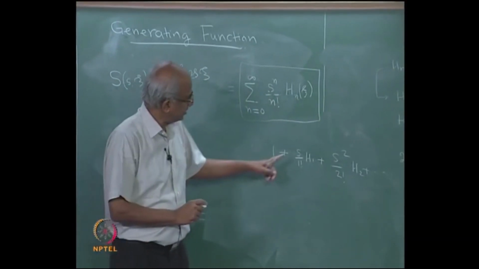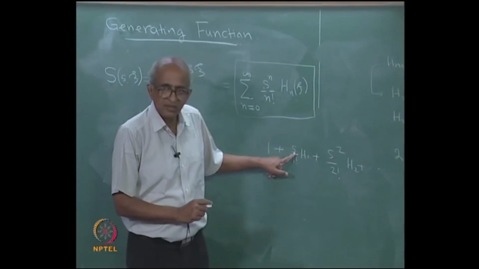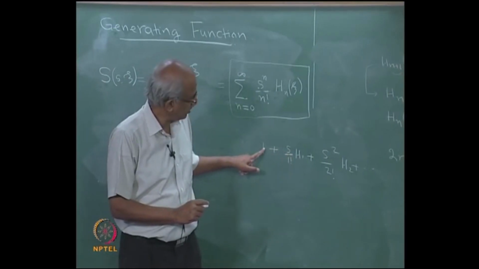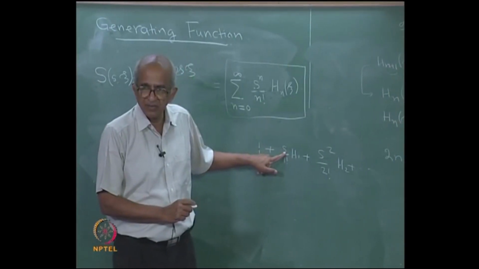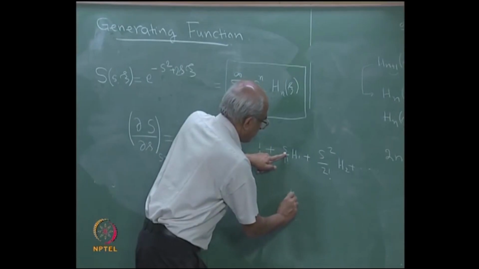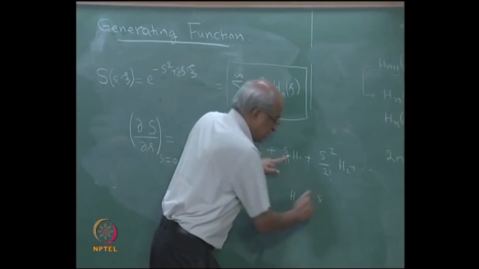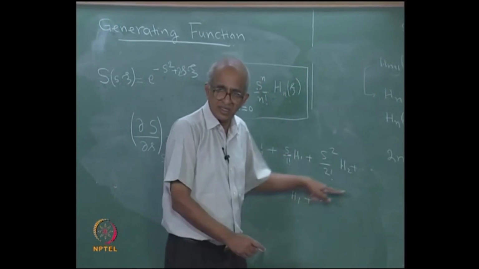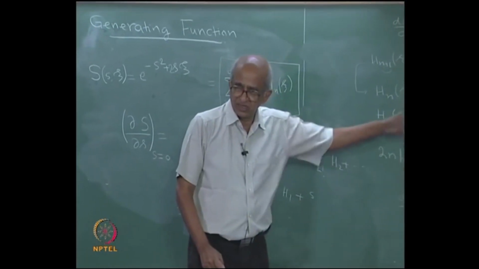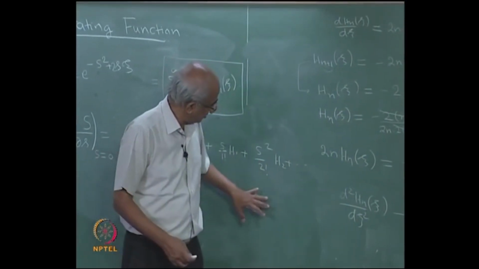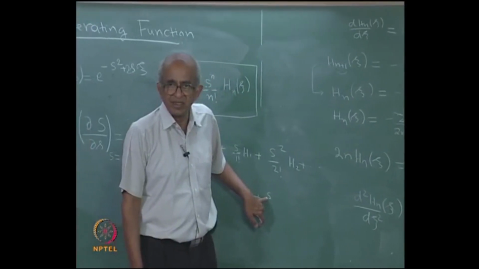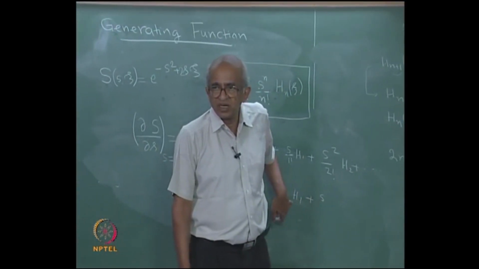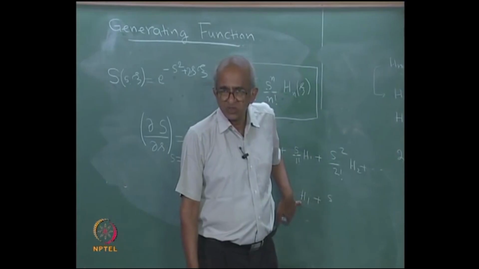So, if you are differentiating with respect to s, this 1 will go, this term will survive as h1, and then you will have a term involving s, and then higher order terms involving s square, etc. But the moment you put s equal to 0, this is going to disappear, and therefore, you will be left with only h1.